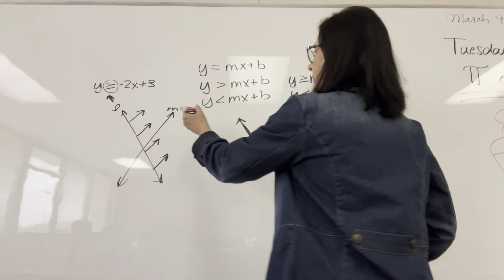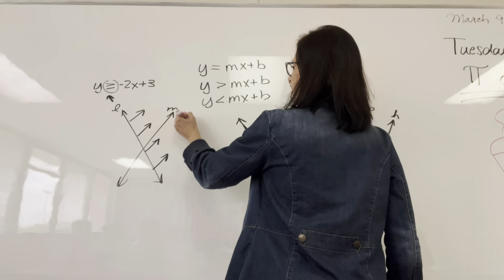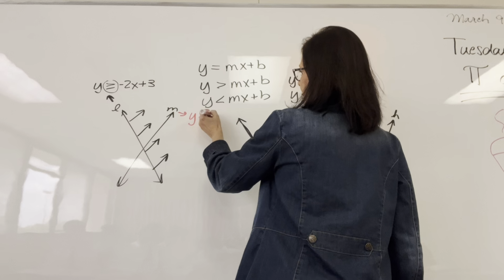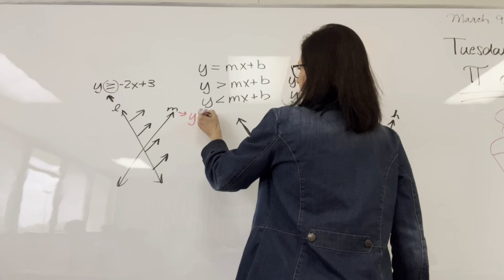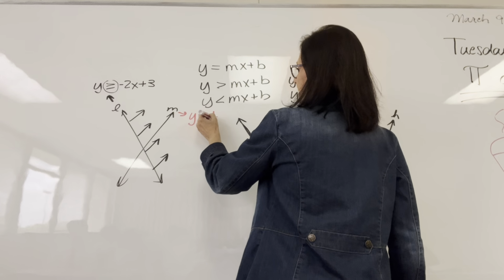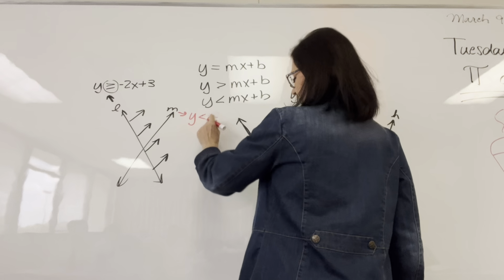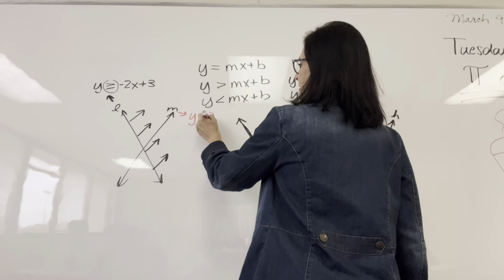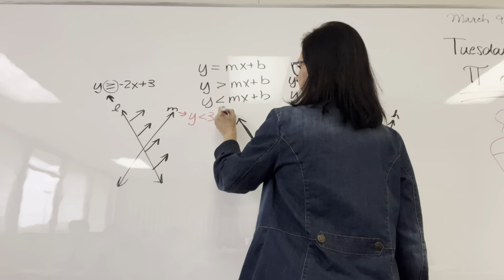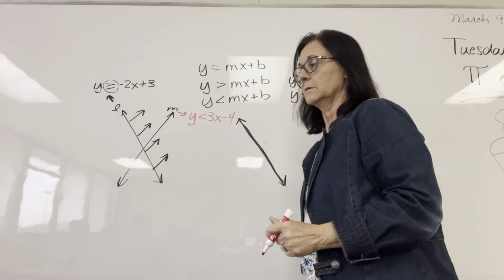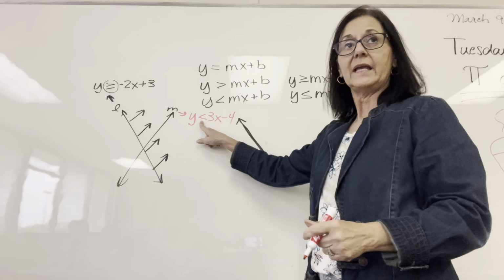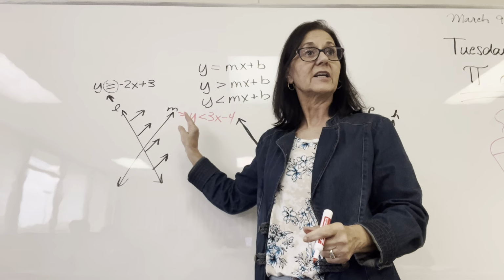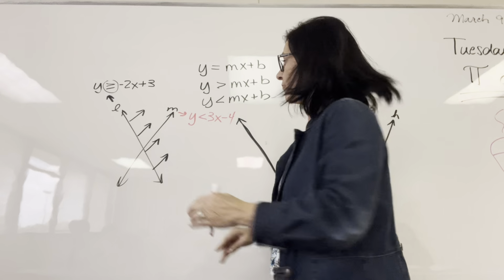Now, let's suppose that M was y is less than, let's just make it 3. It looks like a steeper slope than that. Less than 3x minus 4. Less than means there's no point on that line that satisfies it, because it cannot be equal to the value of y.